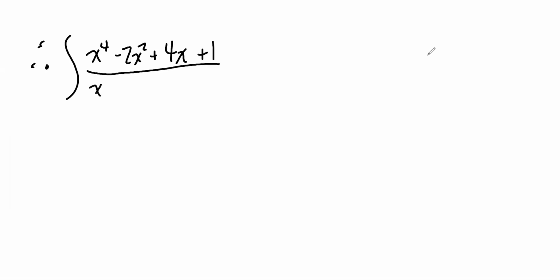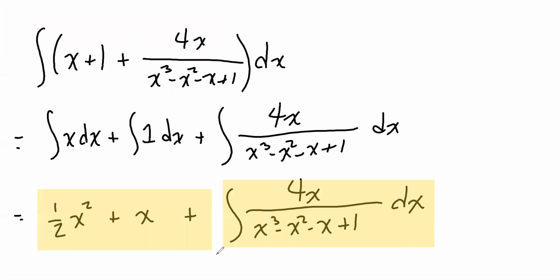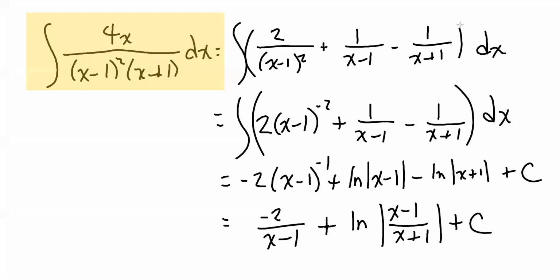So when we put it all together, therefore, the integral of x to the 4th minus 2x squared plus 4x over x cubed minus x squared minus x plus 1, I'm pretty sure that was the original problem, yes, is equal to the answer that we got first, the 1/2 x squared plus x, added to the answer we got at the end of this one, which is right down here.